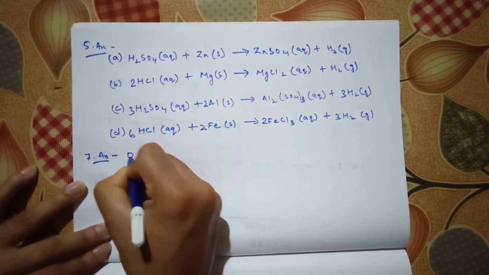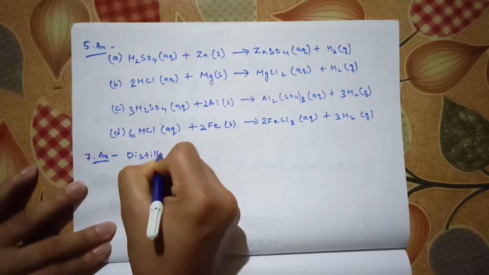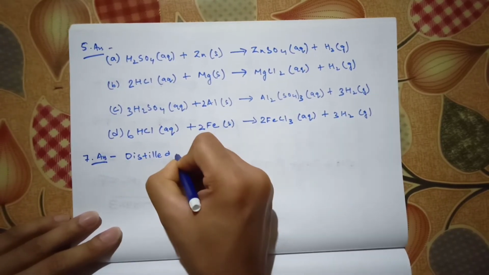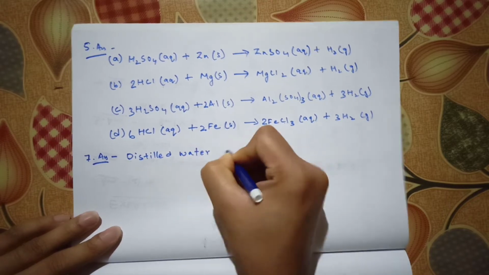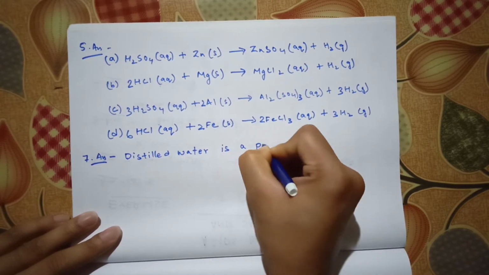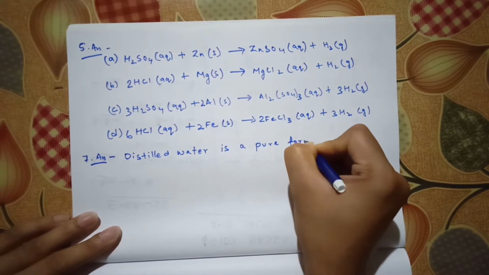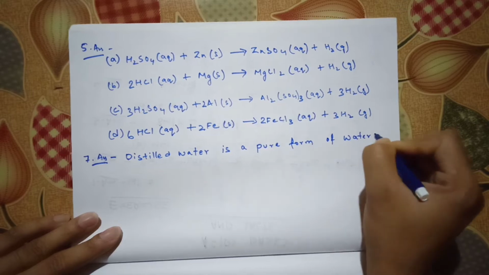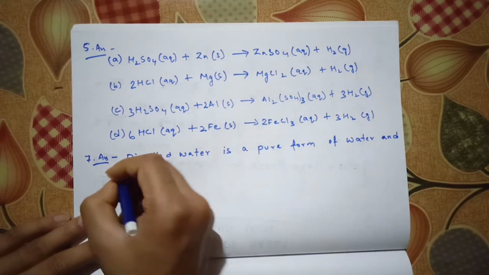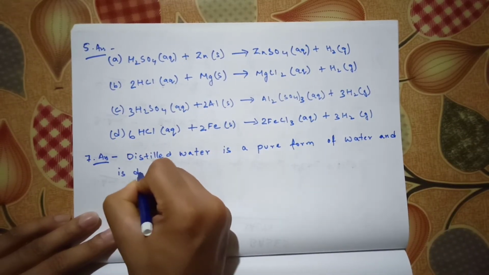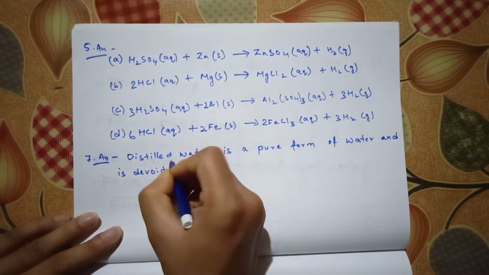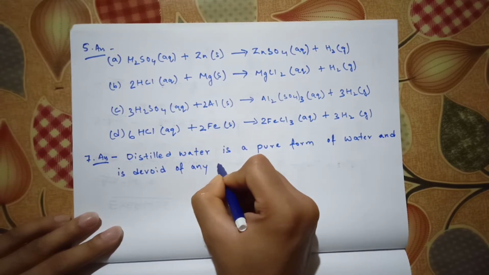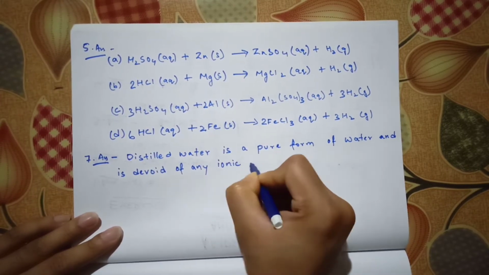So distilled water is a pure form of water and is devoid of ionic species.